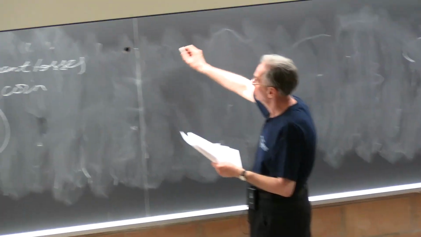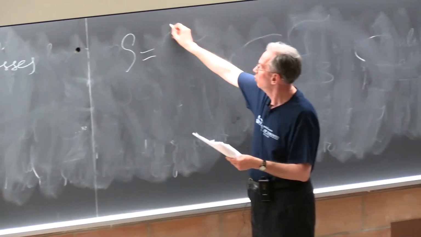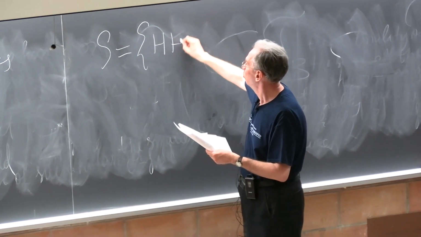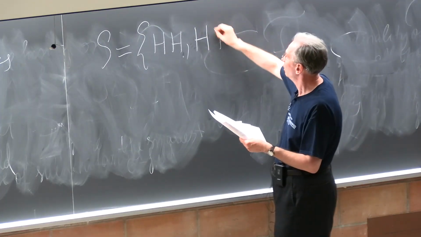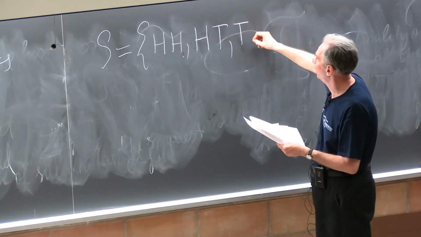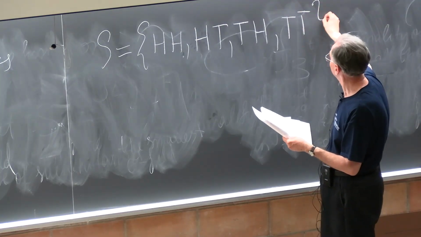So therefore, let's start from the sample space. So clearly you can have both being heads or head-tail, and the first can be tail, the other can be head, or two tails, yeah?